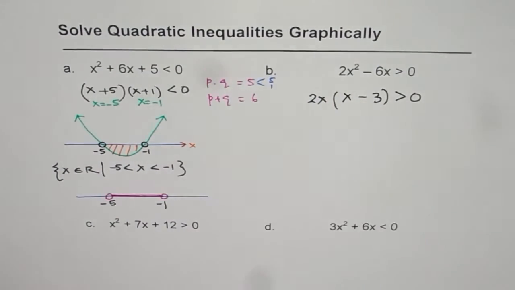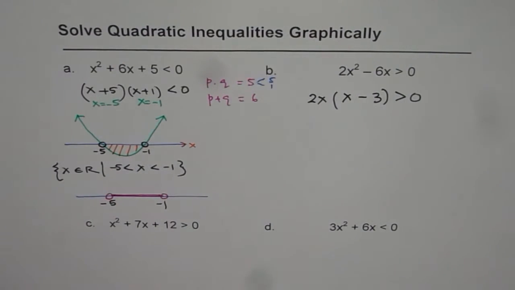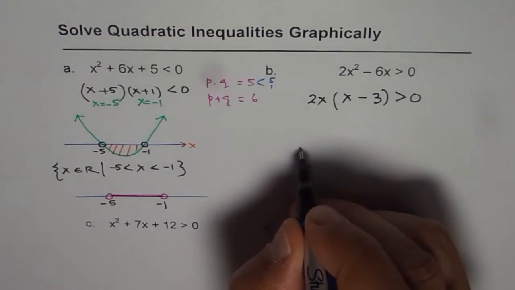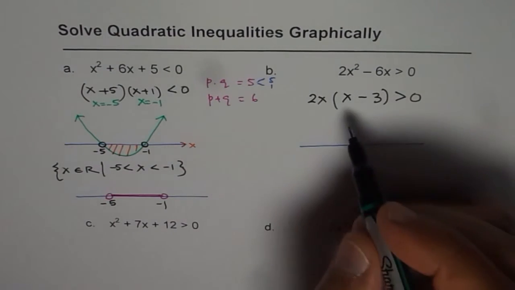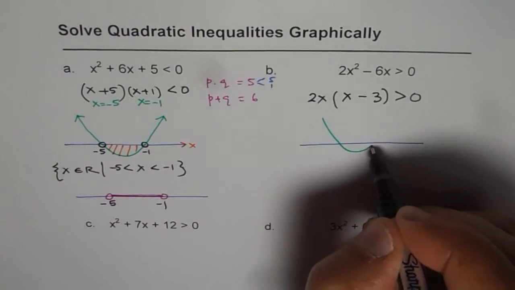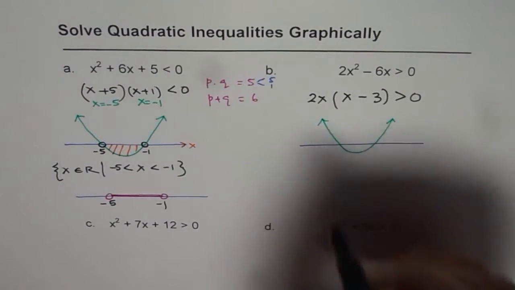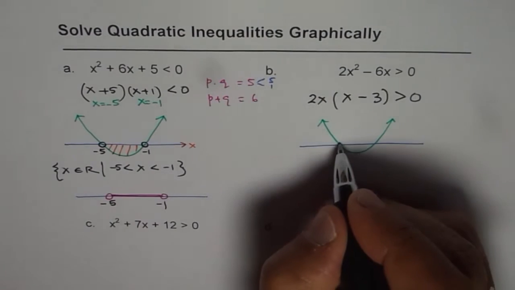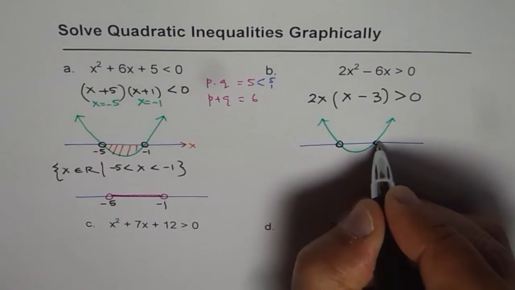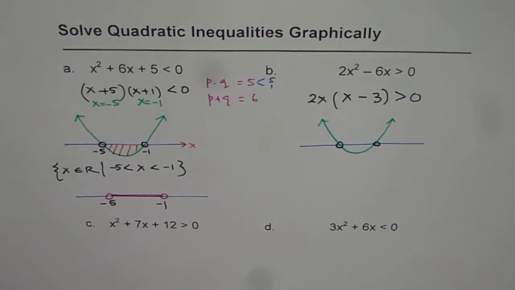So these are the two zeros, and the graph opens upwards, right? So it is like this. Graph is opening upwards, that means like this, right? And the zeros are not a part of solution, and therefore I'll make circle at the zeros. That means a hole, to be precise.